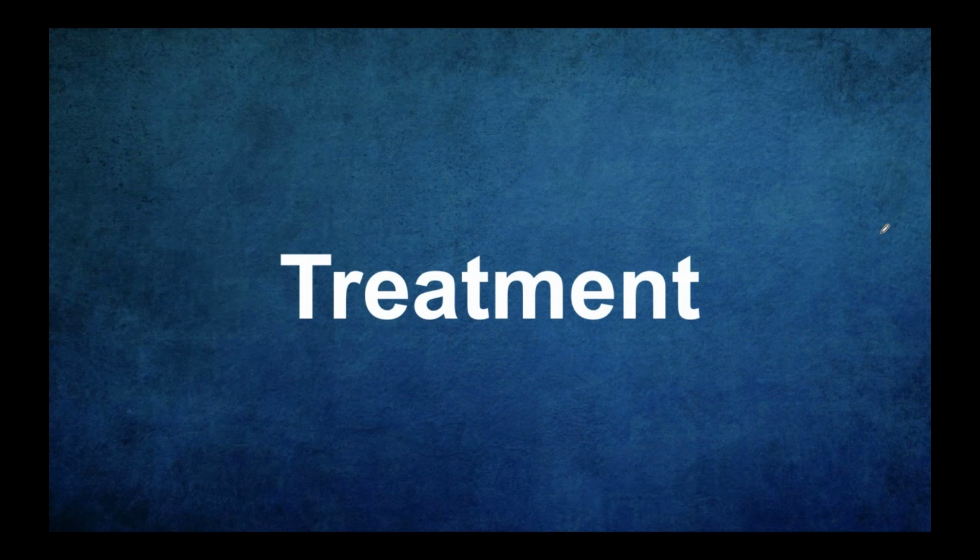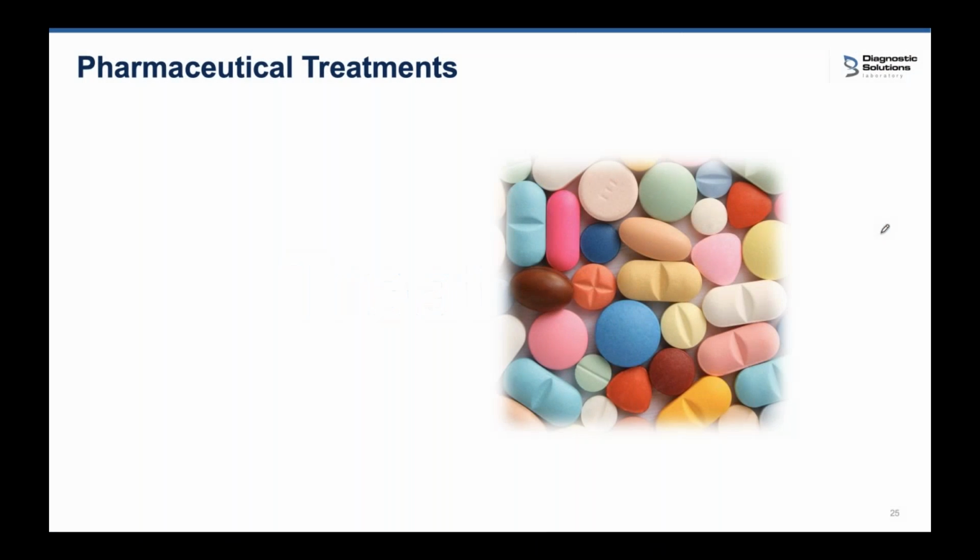And then treatment. So this is going to be a bit of a section, and then I'm going to go into a case. So pharmaceutical treatments available. You may or may not be a prescriber. You can treat Candida with or without pharmaceuticals. And that's important to know. So the most common things we're going to see are nystatin, amphotericin B, and then you'll see your azole derivatives. That's like your itraconazole, ketoconazole, fluconazole, clotrimazole.